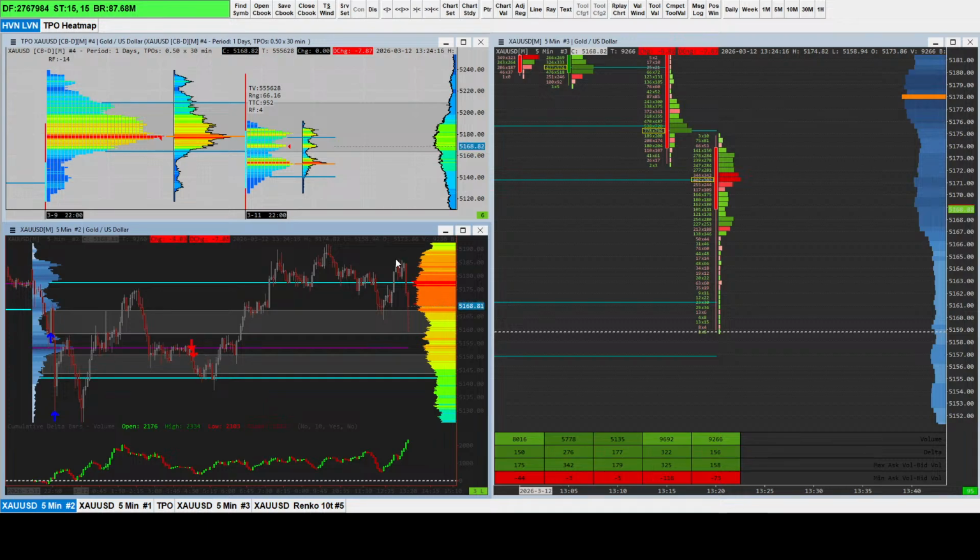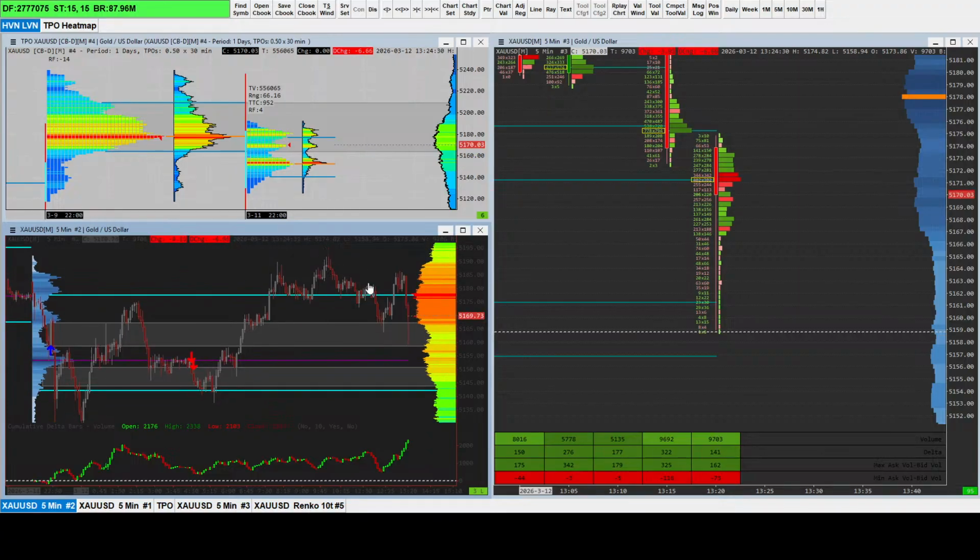Other than that, say the market was bought from here, then you start seeing more buyers coming in, then the market goes down. It doesn't really add any value to my trading, bro. Why am I going to add something to my trading which is not going to add value?